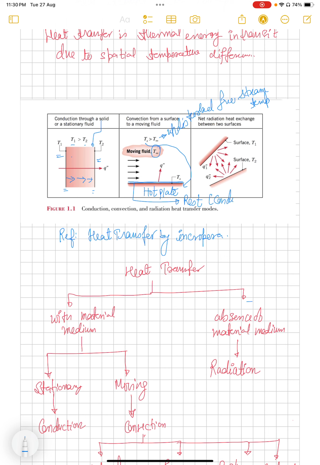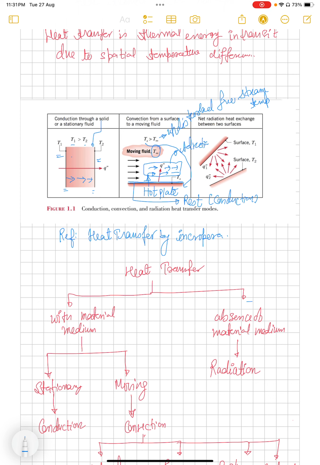So in the bottom layer from the hot surface, conduction happens, and above it the fluid is moving, so that heat will be taken by the moving fluid in the downstream direction. The heat that is taken by the moving fluid, because of its movement, is advection.